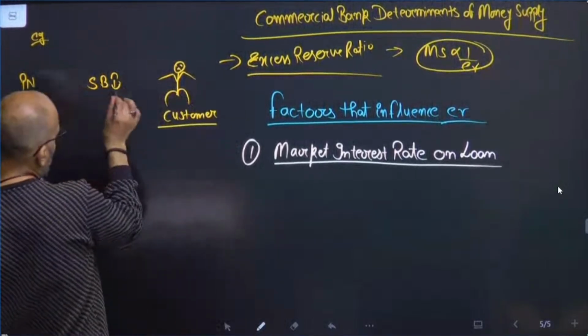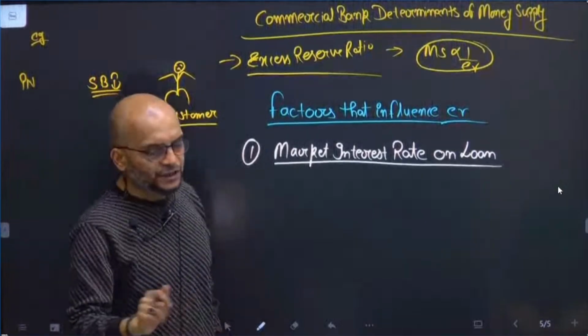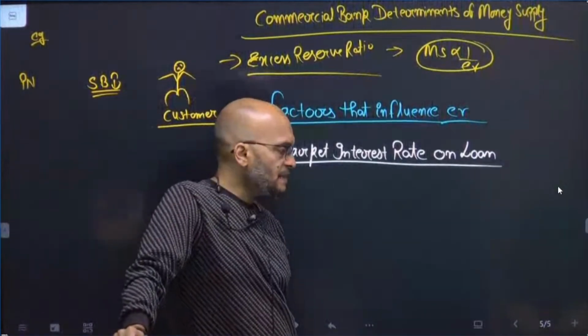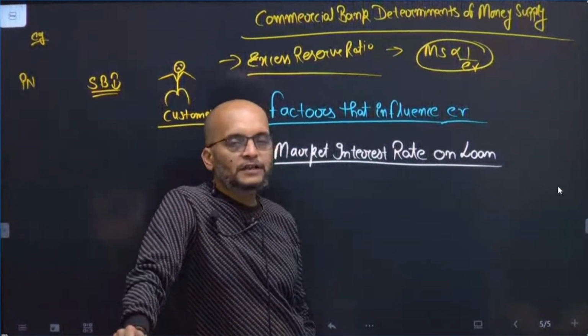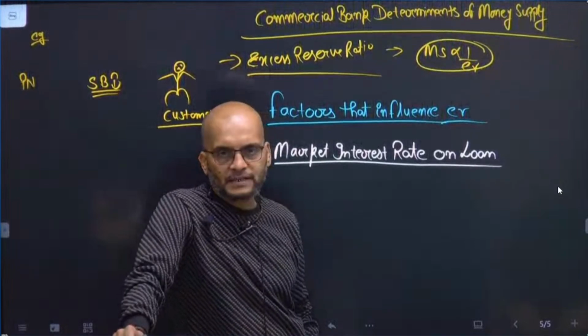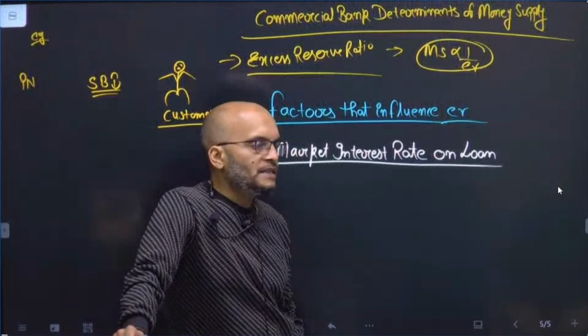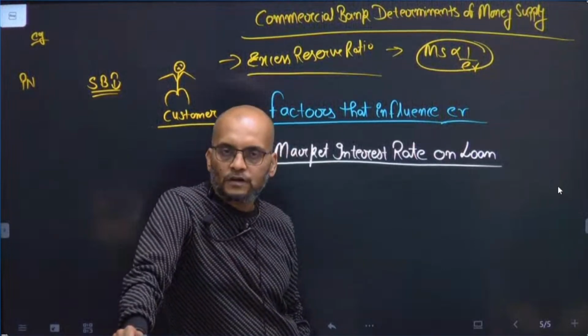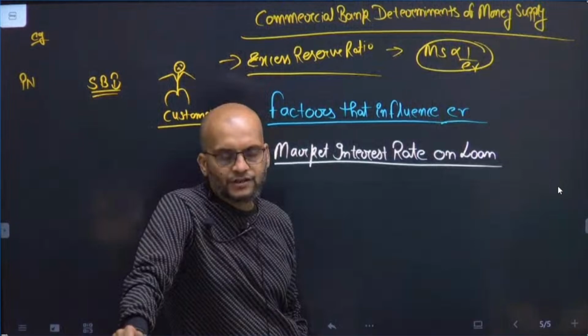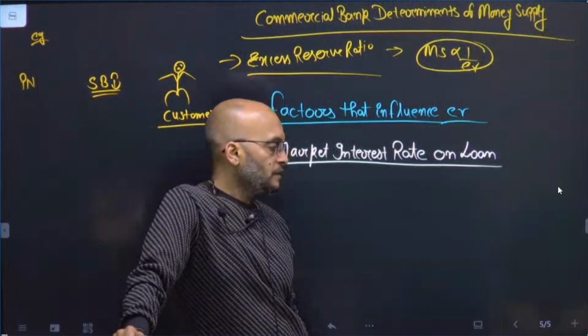Now, SBI is a commercial bank. Excess reserve ratio is totally in the hands of SBI. It is up to SBI to decide how much excess reserve it wants to keep with itself. It's totally on SBI.